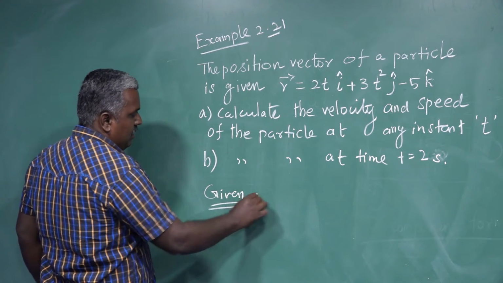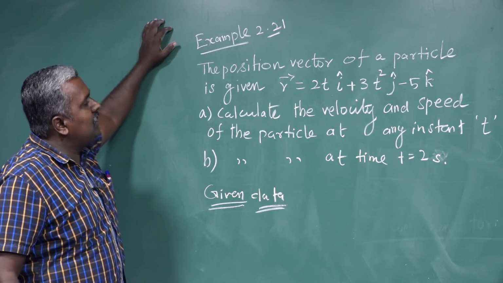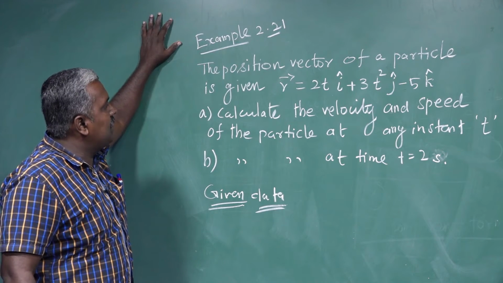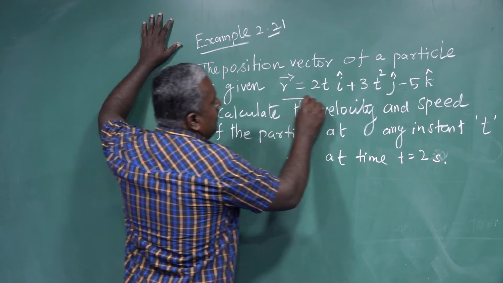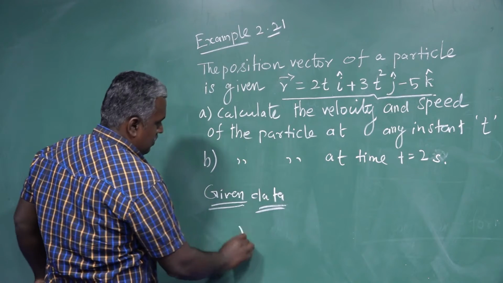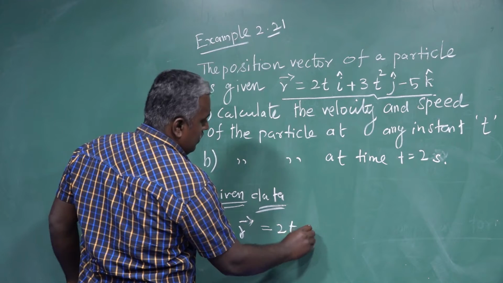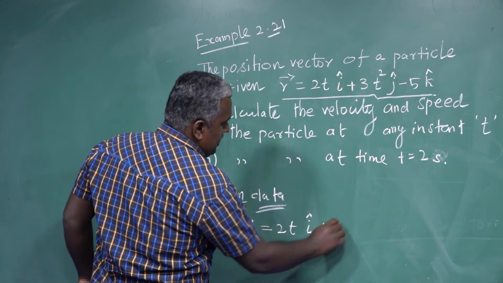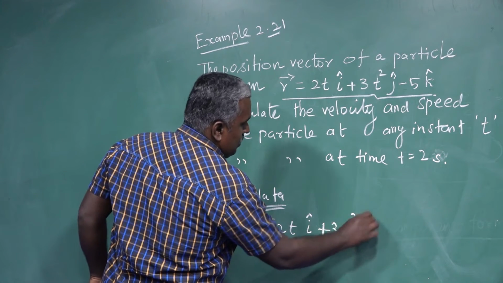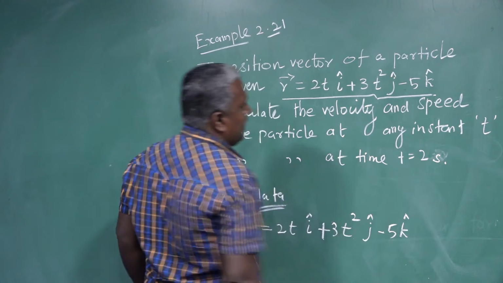First, the given data: the position vector of a particle is given. r vector is equal to 2t i cap plus 3t square j cap minus 5k cap.